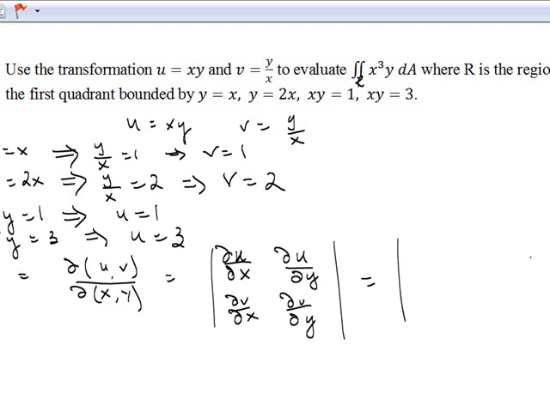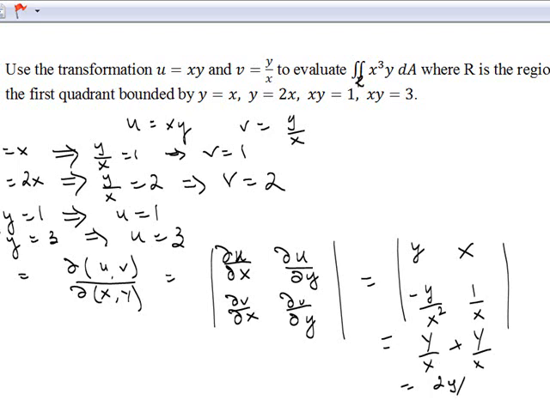What is partial u, partial x? y. Are you asleep? What is partial u, partial y? x. Okay, some people are waking up. What is partial v, partial x? Oh, more people are joining the fun. And what is partial v, partial y? 1 over x. Nice job. Let's work that out. That's y over x plus y over x, which is 2y over x.